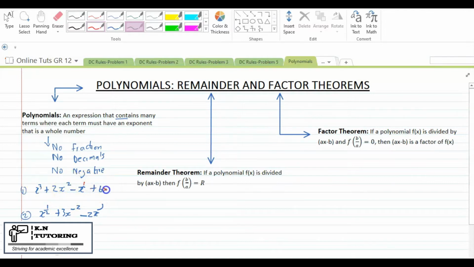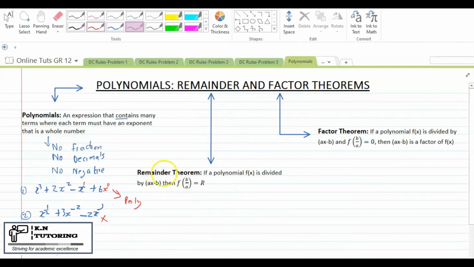This is 1 and this is also x to the power 0. So it's 1, 0, 2, and 3. So this will be a polynomial. But this, because it has exponents which are fractions, negatives, and so on, is not a polynomial. So in essence, polynomials are expressions that contain terms that must have an exponent as a whole number, and this is an example of a polynomial.